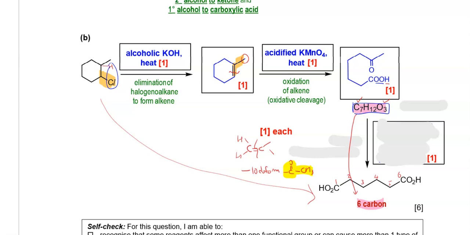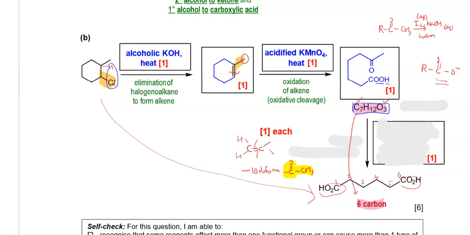So you may recall that a methyl ketone, if you do the iodoform test, I2, NaOH, of course, with some warming, you get RCOO minus. But over here, you can see I have 2 COOH.